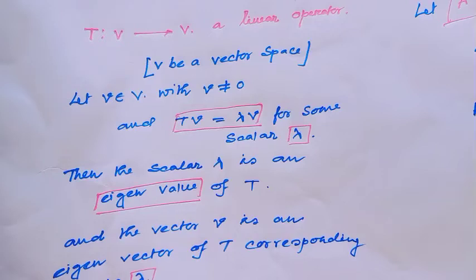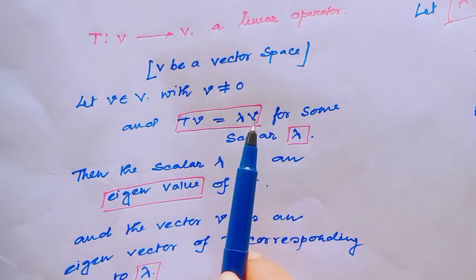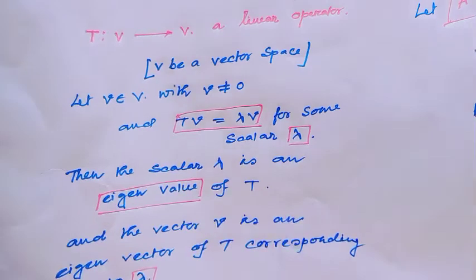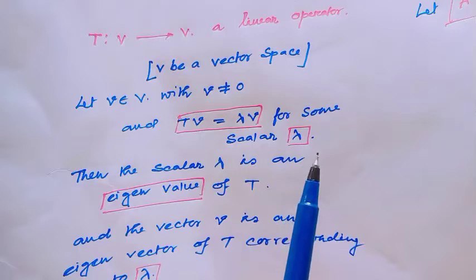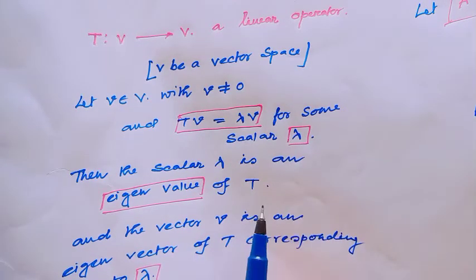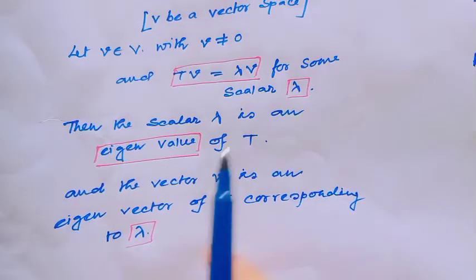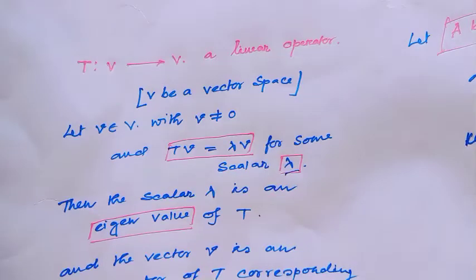Then, for a vector small v where v is not equal to 0, if Tv equals lambda v for some scalar lambda, then the scalar lambda is an eigenvalue of the linear transformation T, and the non-zero vector is the eigenvector corresponding to this lambda. Are you getting the meaning?